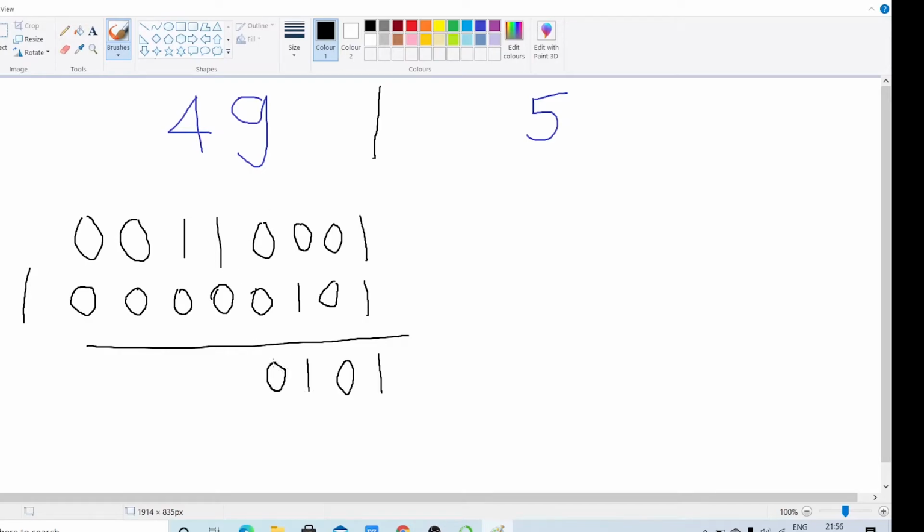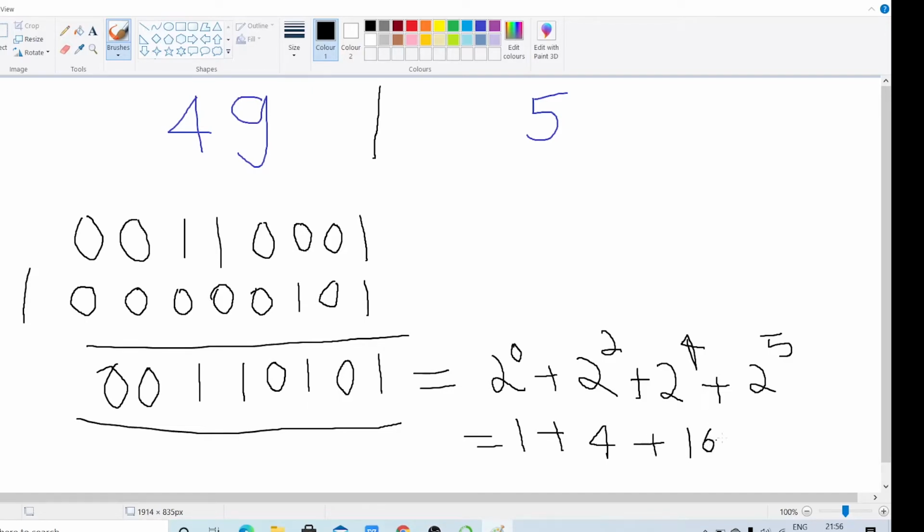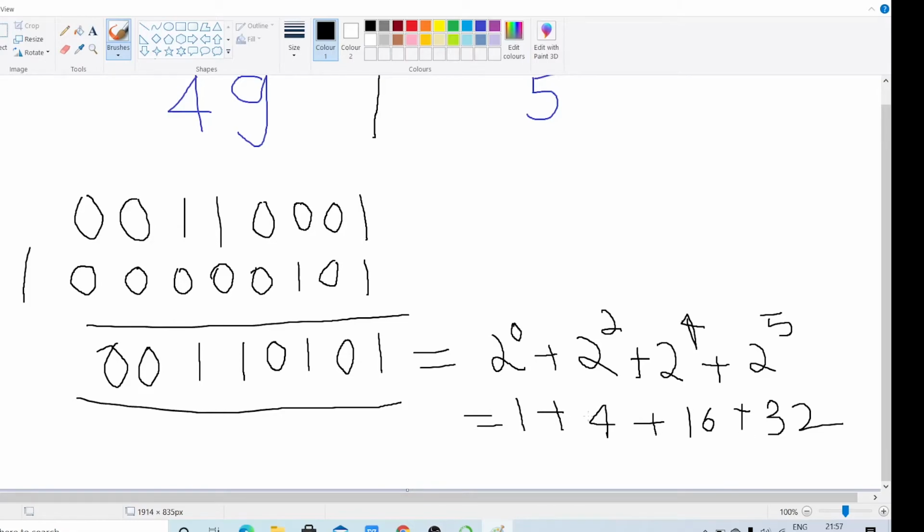So it is 0 0 1 1 0 1 0 1. Now when we want to find the value, it is 2 power 0 plus 2 power 2 plus 2 power 4 and 2 power 5, so it's nothing but 1 plus 4 plus 16 plus 32, which is 53. 1 plus 4 plus 16 plus 32 is 53.